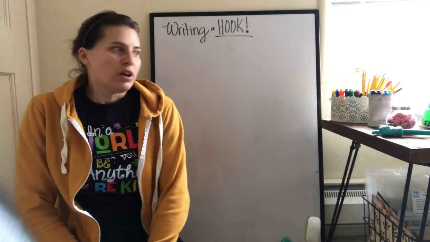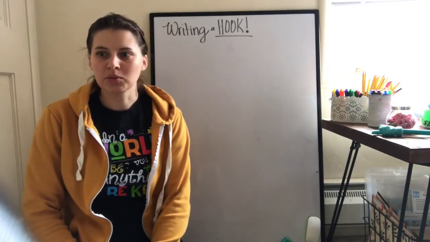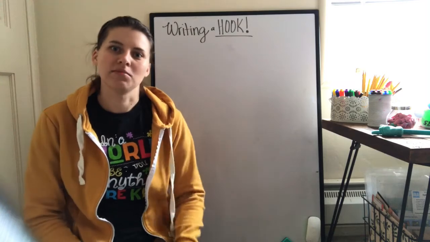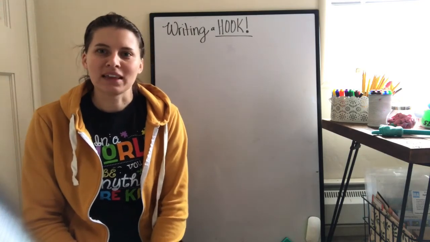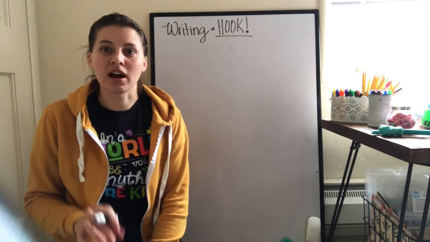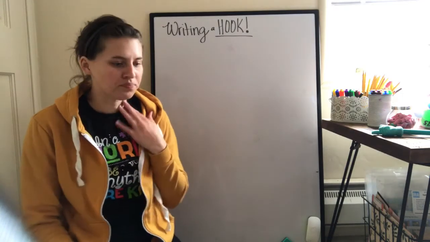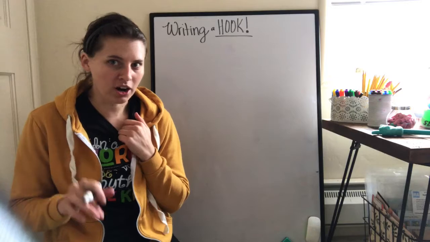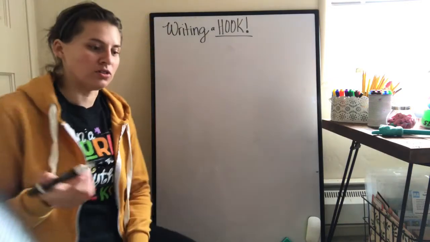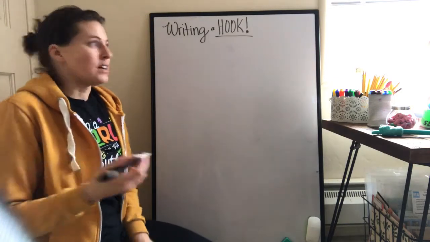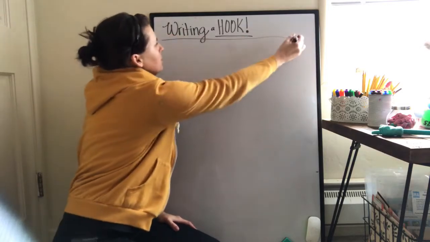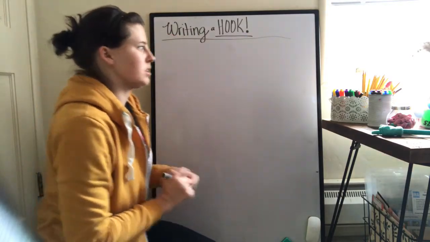So there are a few ways you can do that. And I know a lot of people kind of go, once upon a time, and they just go right into the story. But there are other things we can do to make it more interesting and unique. So here are a few things you can do. First, you can use dialogue.